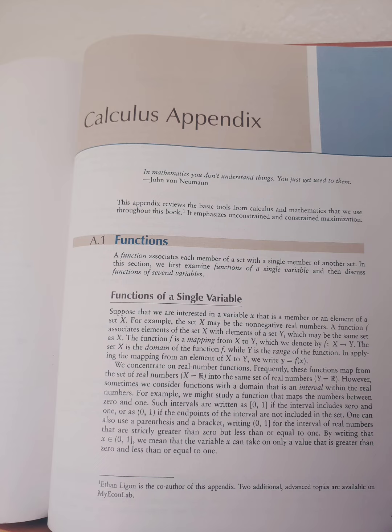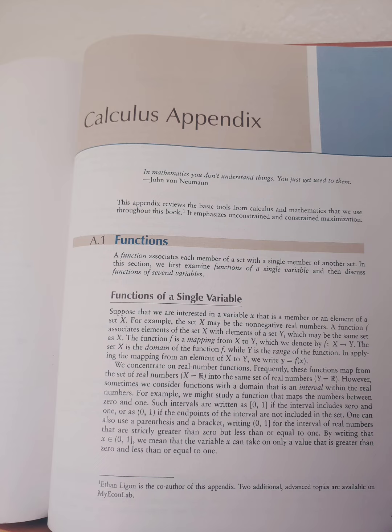Suppose that we are interested in a variable x that is a member or an element of set capital X. For example, the set capital X may be the non-negative real numbers.